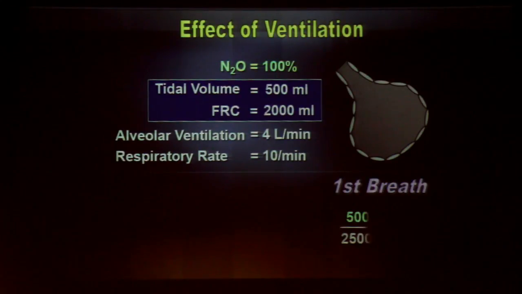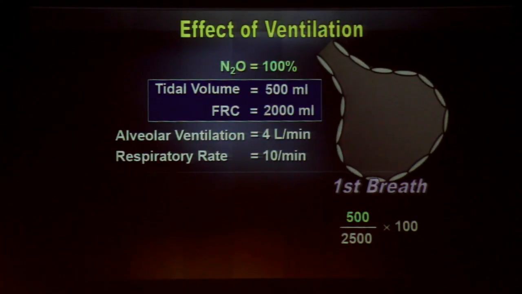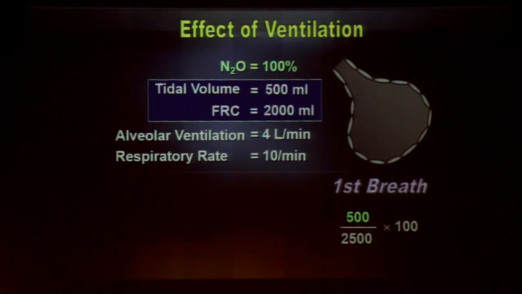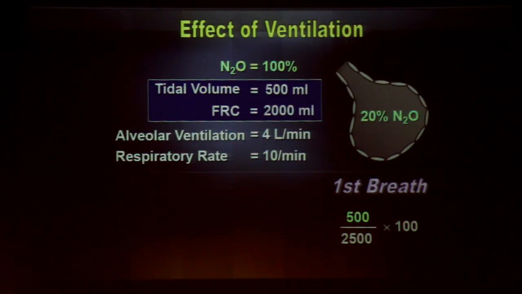So when the patient takes the first breath, 500 into the total volume, that is 2.5 liters into 100, you will find that when you give 100% nitrous oxide, at the end of the first breath, the alveolar concentration of nitrous oxide would have reached 20%. Correct? Right?